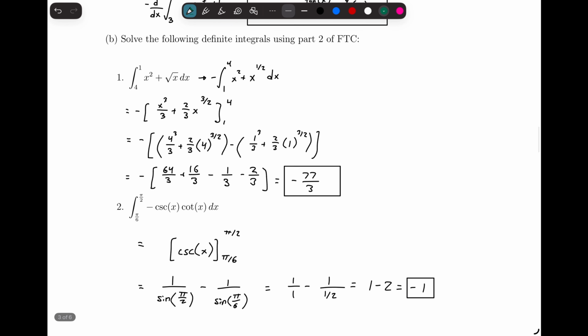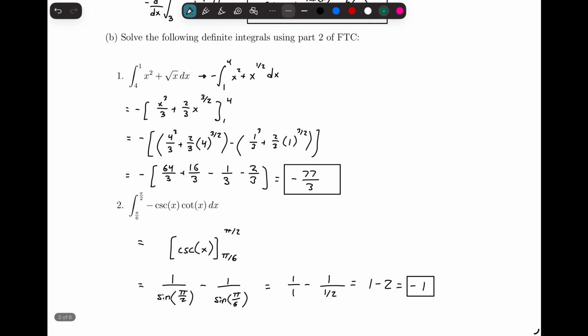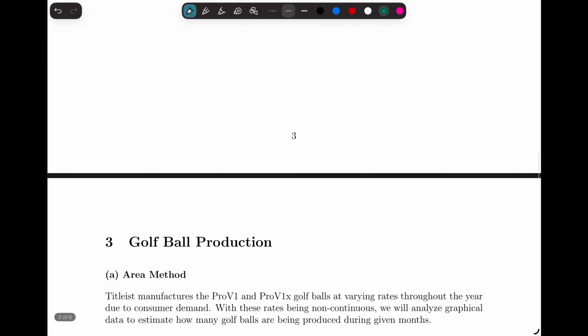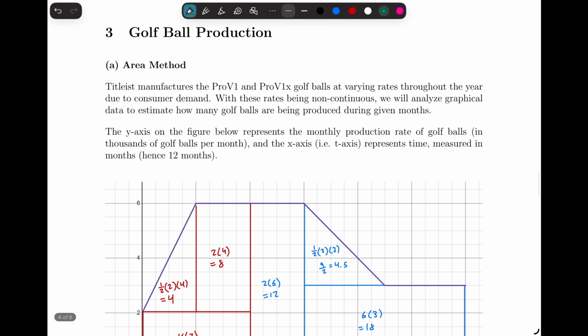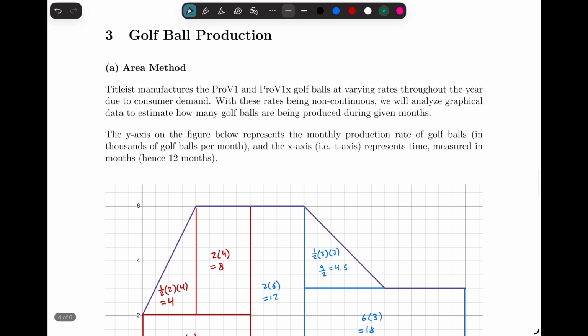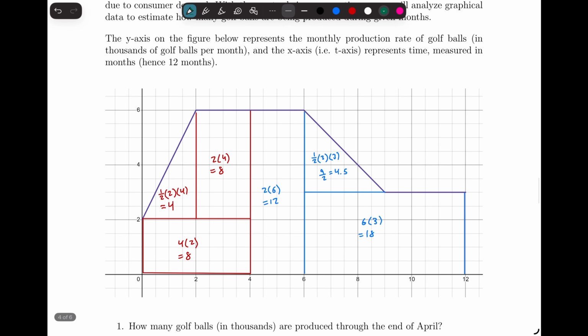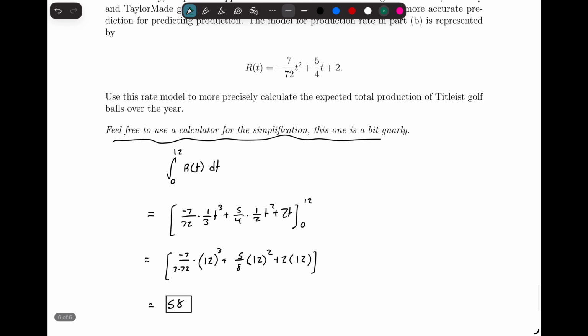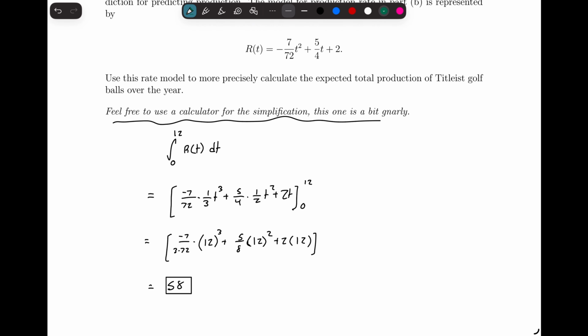We solved definite integrals using part two of the fundamental theorem of calculus, recognizing whether you need to use a power rule or trig. This golf ball production question is sort of an overarching question here. We used area, two different types of Riemann sums, and then ultimately the fundamental theorem of calculus to get an exact answer. I think that just about covers it for the exam extra help videos.